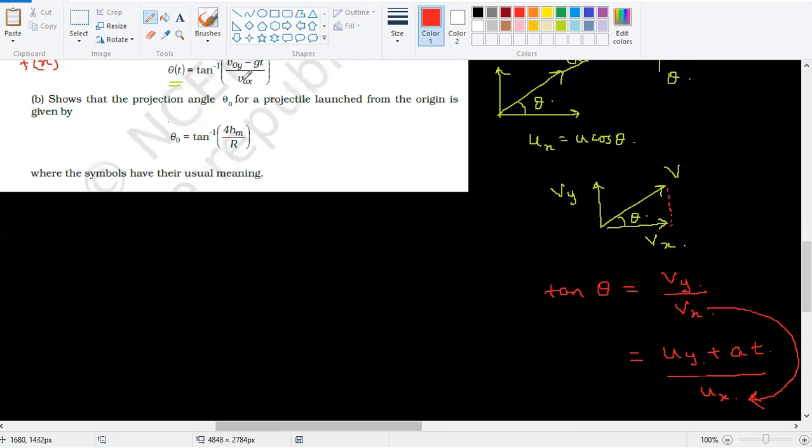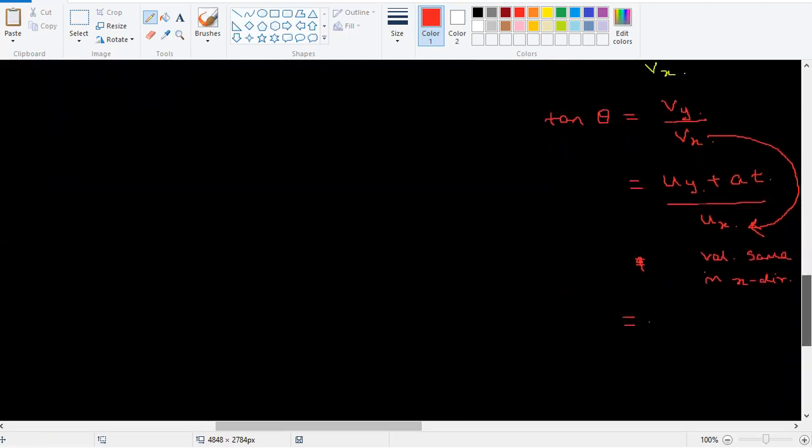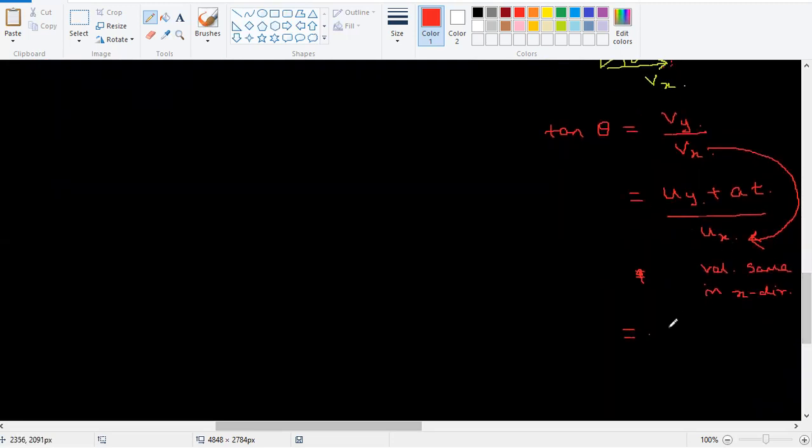So voy stands for the initial velocity. The acceleration they have taken as minus g, because it is in the downward direction. Vox is nothing but your initial velocity. That's all, which means you have proved what you are supposed to prove. So that means voy minus gt divided by vox. That's your tan theta, which means it's proved.